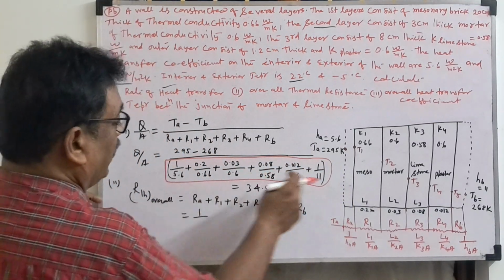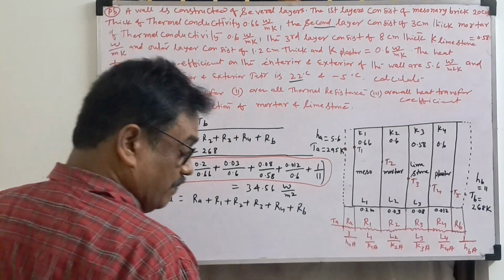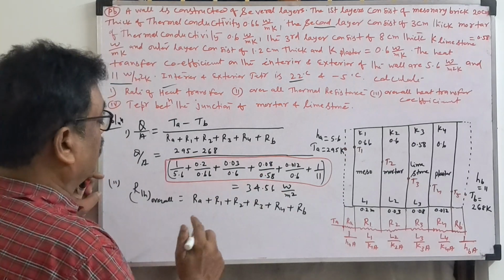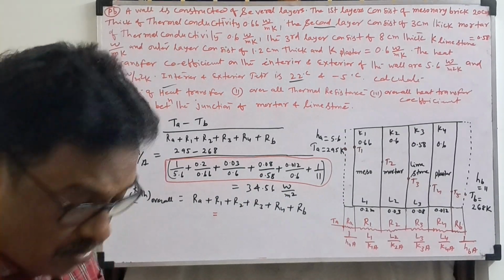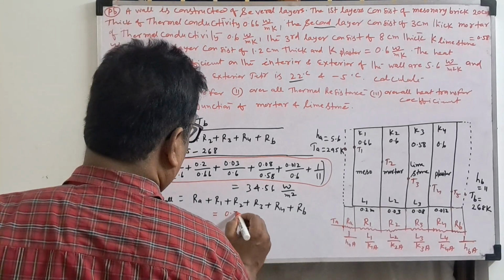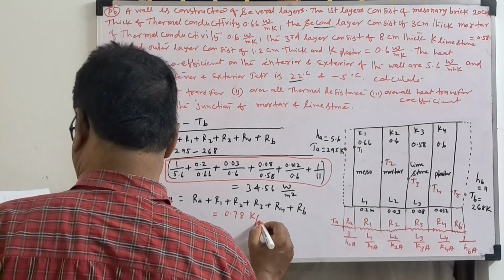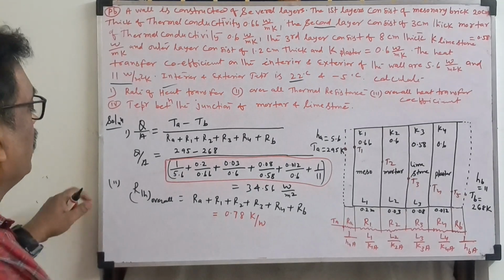This total is known as overall thermal resistance. So this answer, already we calculated, will come 0.78 Kelvin by watt.